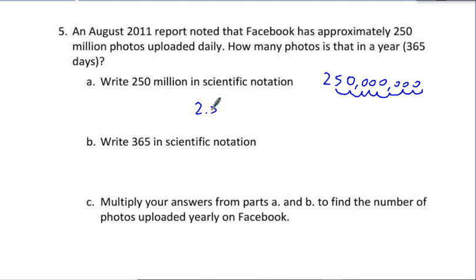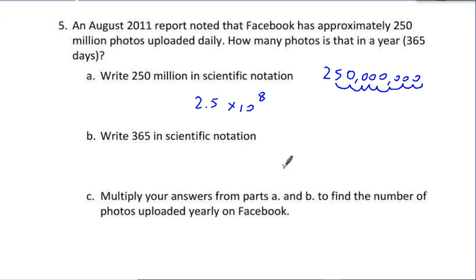So 2.5 times 10 to the 8th. Since we originally moved left, this is going to be positive 8. In scientific notation, 365. We're going to move the decimal 2 places to the left, so again a positive exponent since we moved left. 3.65 times 10 to the 2nd.